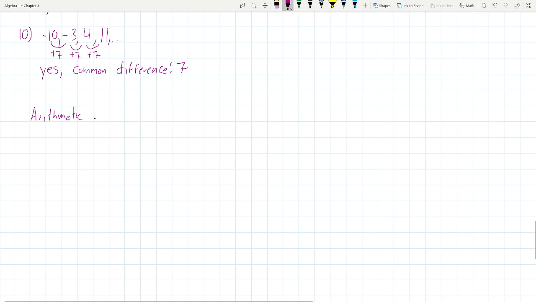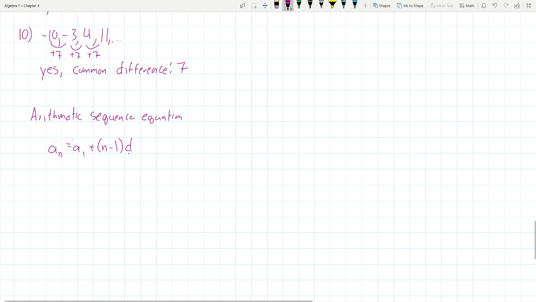The arithmetic sequence equation is a sub n equals a sub 1 plus n minus 1 times d.